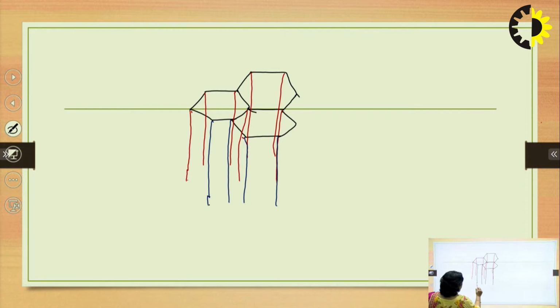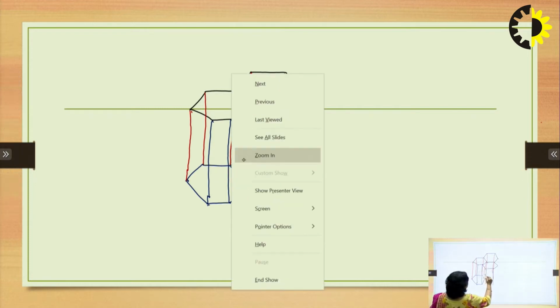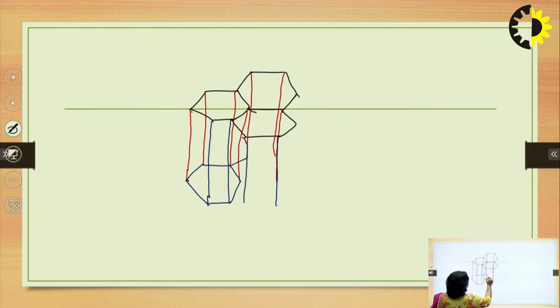So we will make this structure with the help of this carbon. And these are the back bonds. So we will attach them. And these are the bonds which are in front of the molecule. So we will attach these.